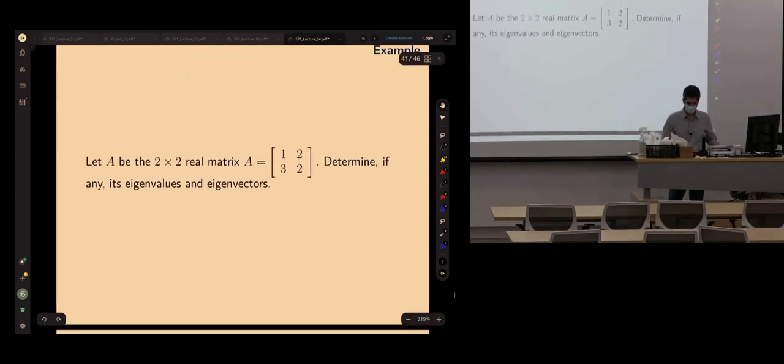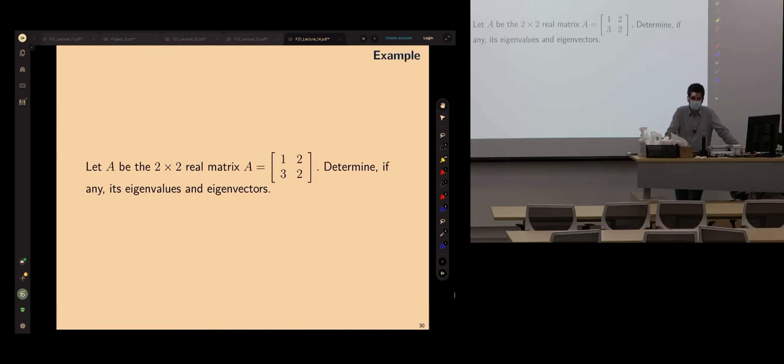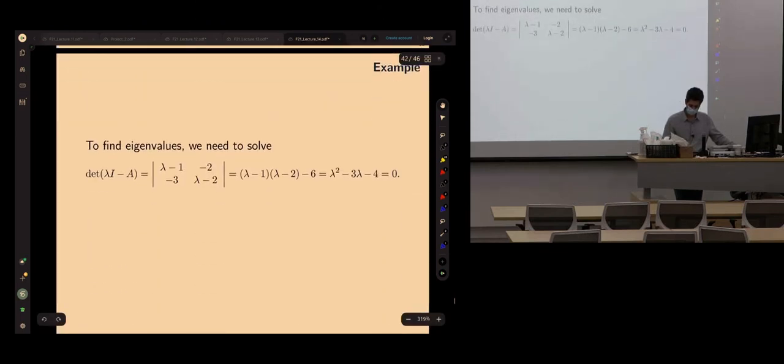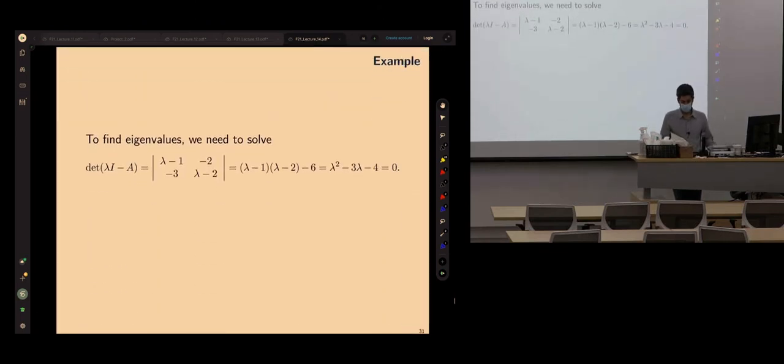Let's see. I give you a 2 by 2 real matrix. Find its eigenvalues and eigenvectors if they're available, if they exist. They always exist. It's by our definition of existence, real.